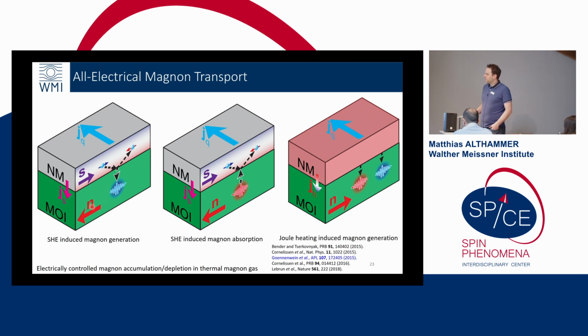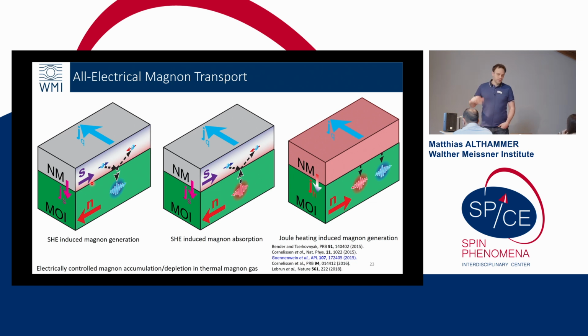And now the important thing is you have this charge to spin current conversion with a certain spin orientation in the structure. Inside this magnetically ordered insulator, you have an order parameter, that could be the Néel vector, could be the magnetization, that you align in a parallel or collinear fashion to the spin orientation.